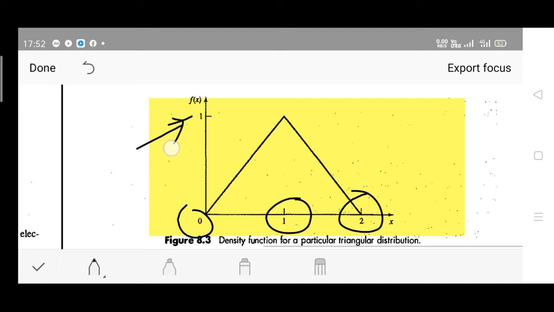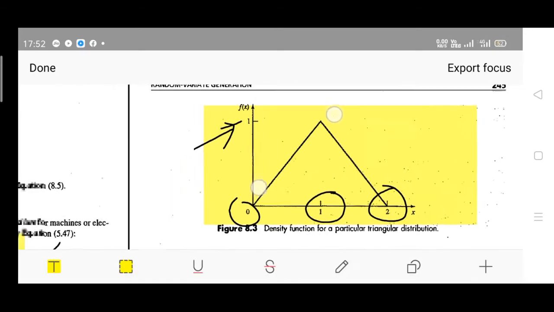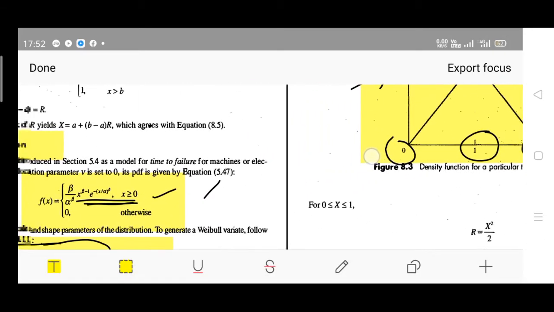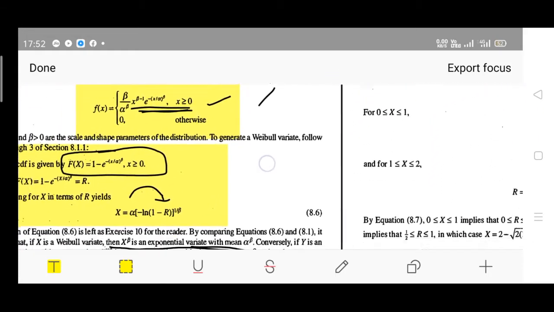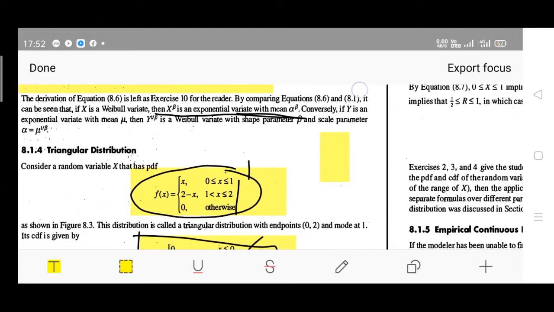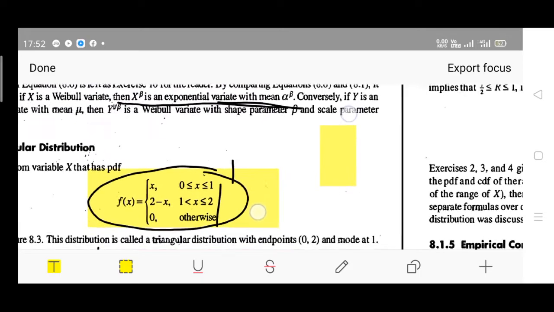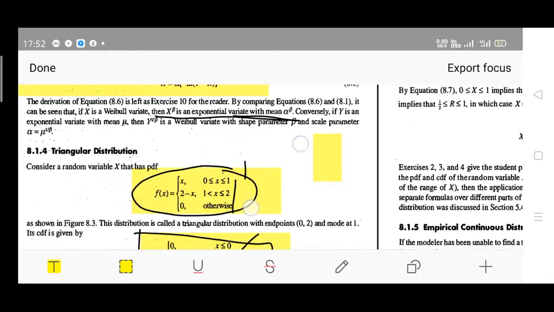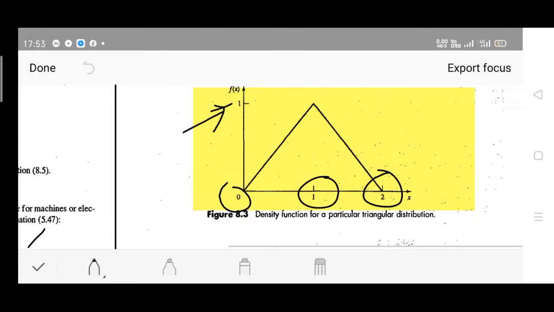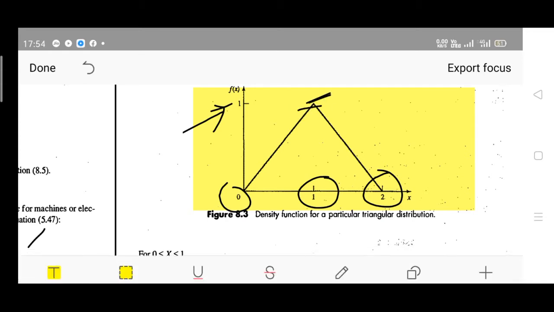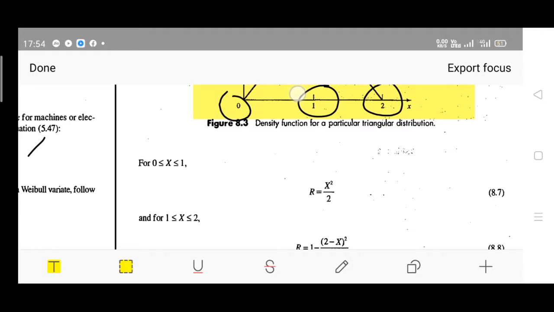Here f of x value is given as 1 at this side. Just go through the expression once. If the value of x is 1, f of x value is 1. So this is the triangular representation of the distributive values.